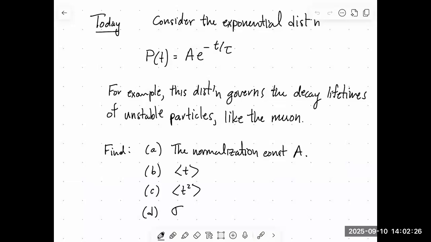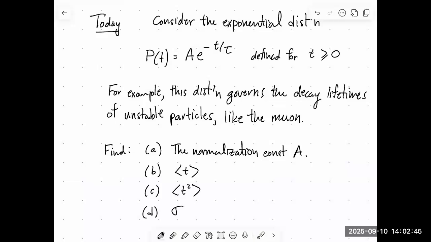And I'm going to say that this is defined for t greater than 0, or let's say greater than or equal to 0. So what does this have to do with any kind of physics?